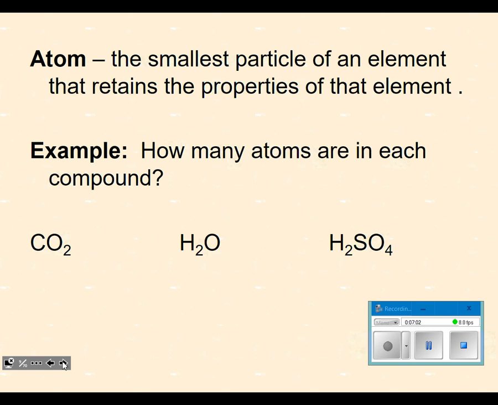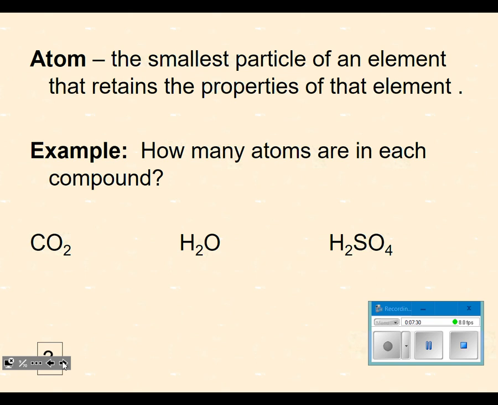So then, a definition of an atom, and this should be in your parts of an atom square. The atom is the smallest particle of an element that retains the properties of that element. We can go through these and figure out how many atoms are in each of these compounds. In CO2, which is carbon dioxide, we've got 1 carbon and 2 oxygens, because that subscript 2 means there's 2 atoms of oxygen.